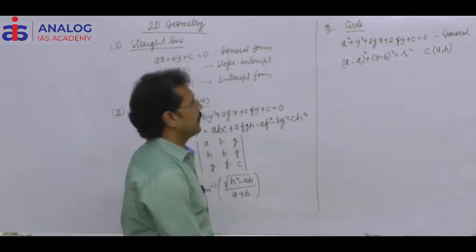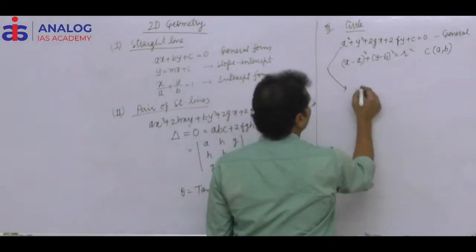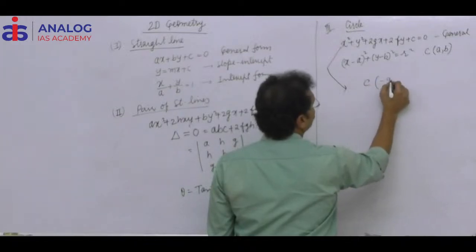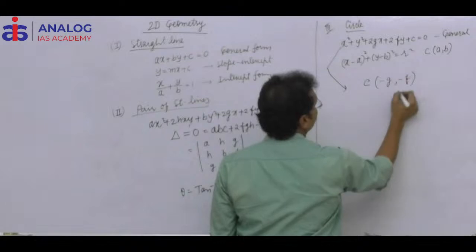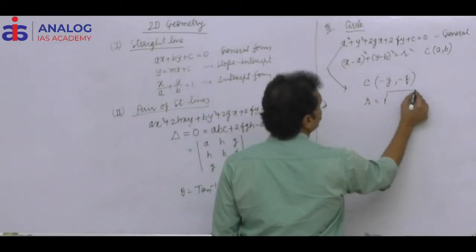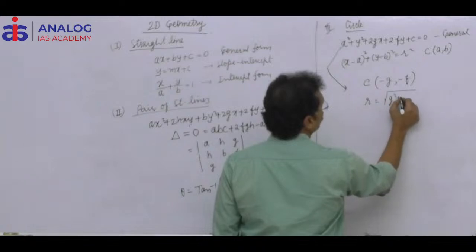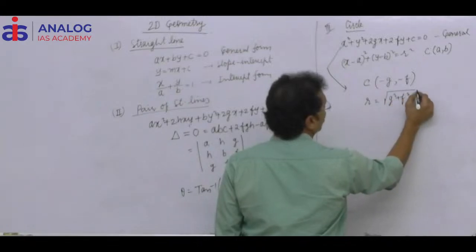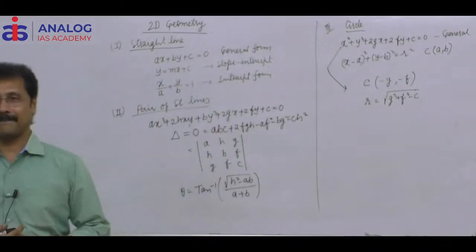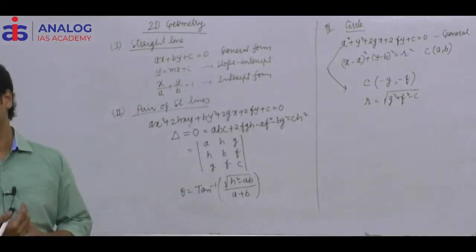In the general form, what would be the center? (minus g, minus f) is the center and the radius is square root of g square plus f square minus c.